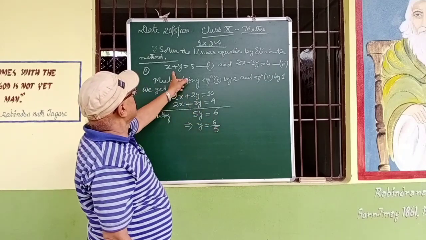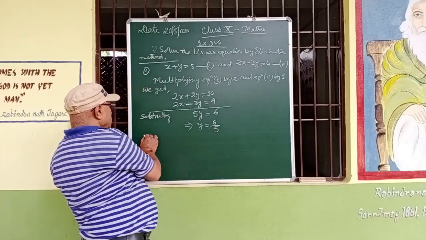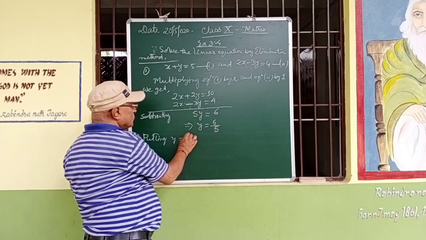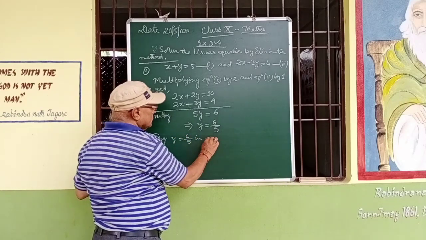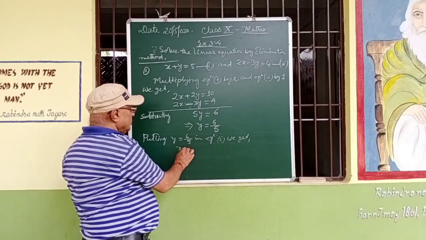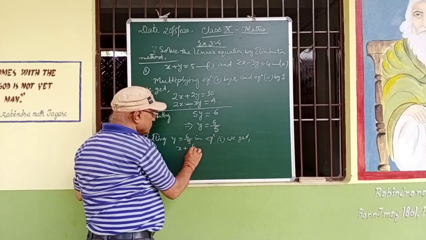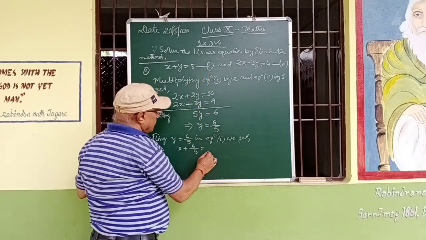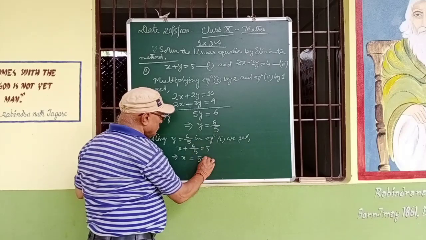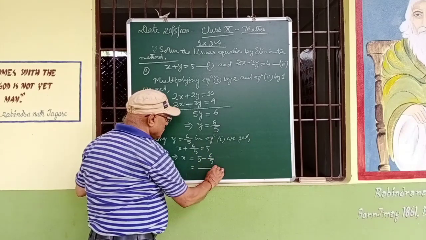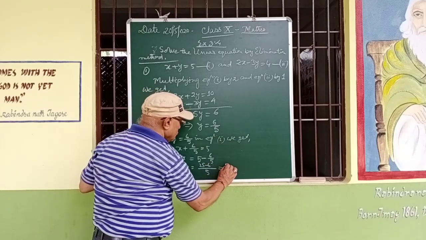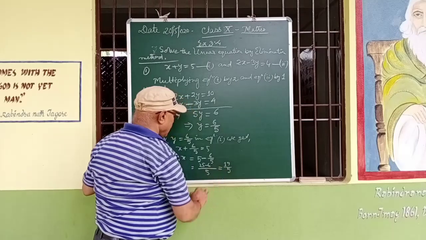Now putting this value in either equation 1 or 2, putting y is equal to 6 by 5 in equation 1, we get x plus, in place of y we put 6 by 5, is equal to 5, or x is equal to 5, we take this that side, it will be minus 6 by 5, or taking LCM we get 5 into 5, 25 minus 6 is equal to 19 by 5.